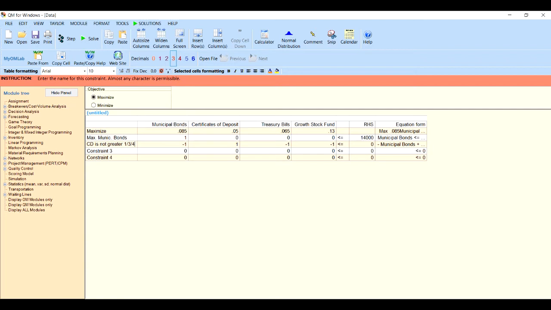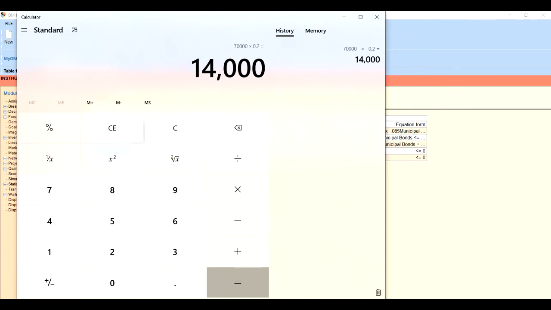So we have minus 1.2x1, minus 1.2x4, and positive certificates of deposit, positive treasury bills must be greater than or equal to 0. Meaning the total must be above 0. That will give us the correct ratio.